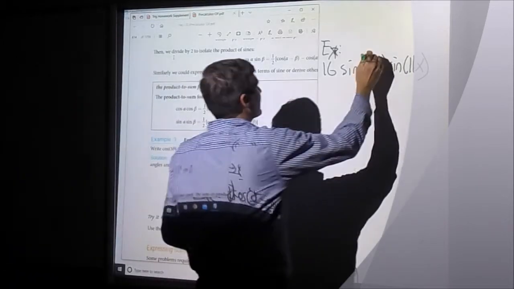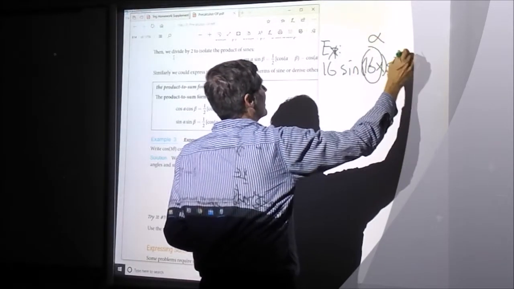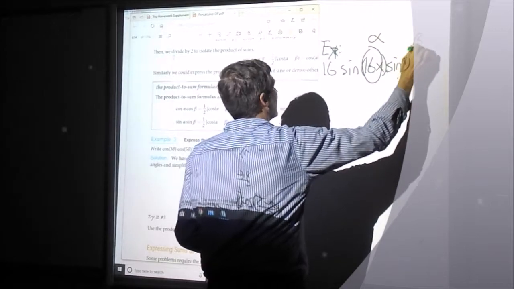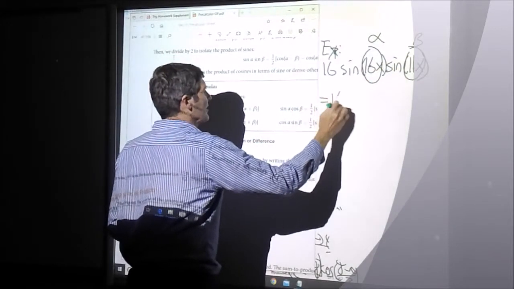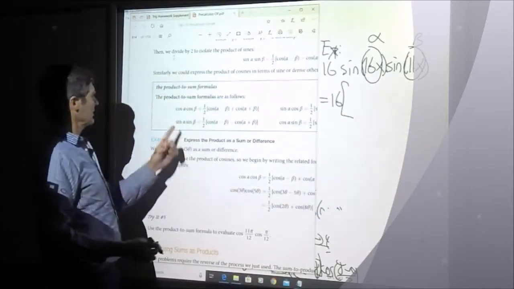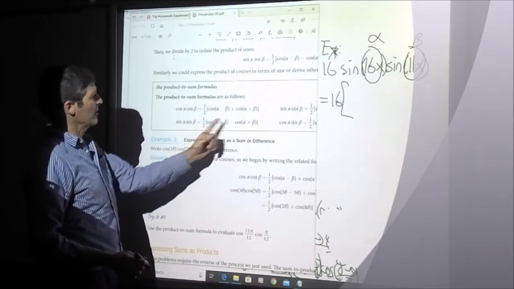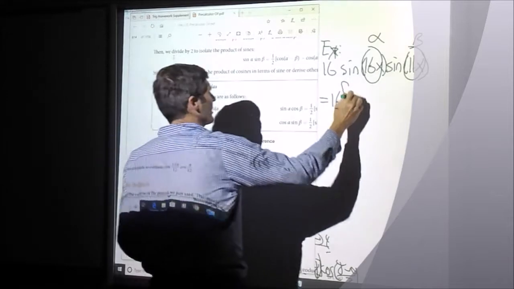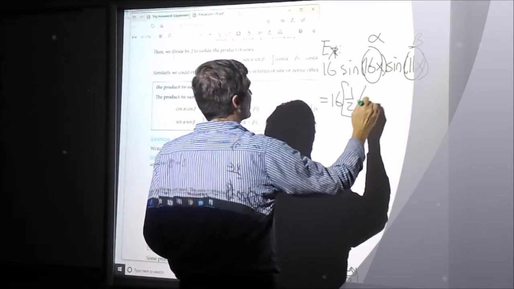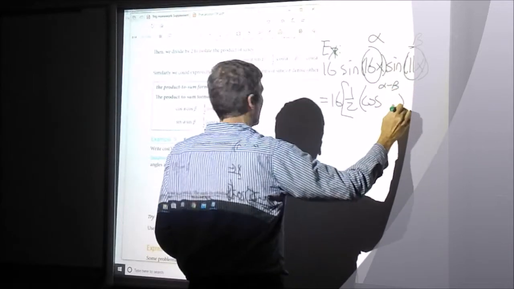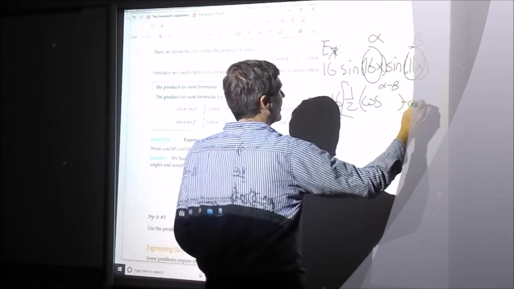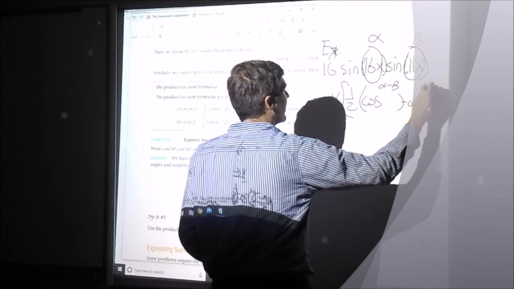If I treat this as alpha, and I treat this as beta, and I keep the 16 out front, I get 16 times, and I replace sine times sine with 1/2 cosine minus cosine. So 16 times 1/2 cosine of the difference, alpha minus beta, minus the cosine of the sum, alpha plus beta.